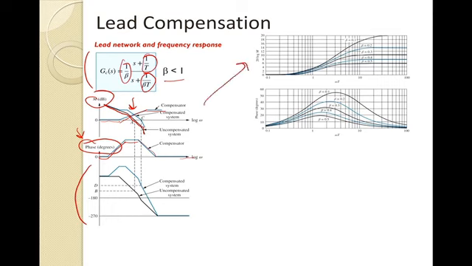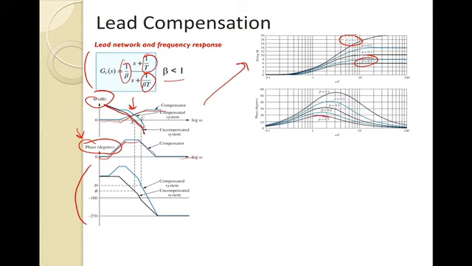And what you'll see is, depending on the value of beta that we pick, we can sweep beta from, say, 0.1 to here 0.5. You'll see that there is quite a range of impact relative to our compensator design, not only in magnitude but also in phase, right?